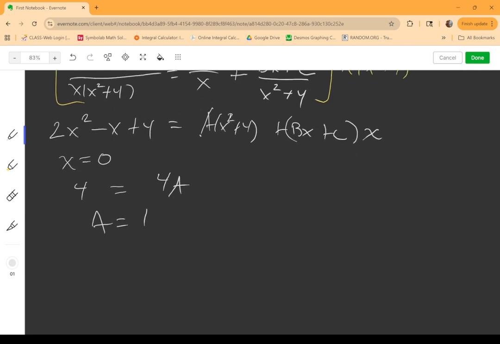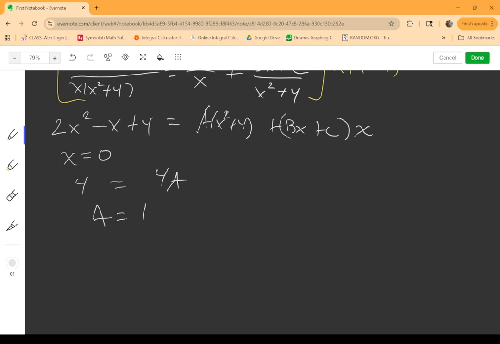All right. And now for b and c, what I'll do is compare coefficients, right? So since a is 1, I'm left with x squared plus 4. I'll distribute this x here, so I get plus bx squared plus cx.